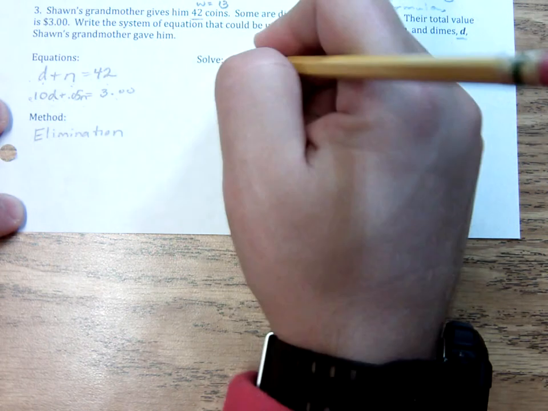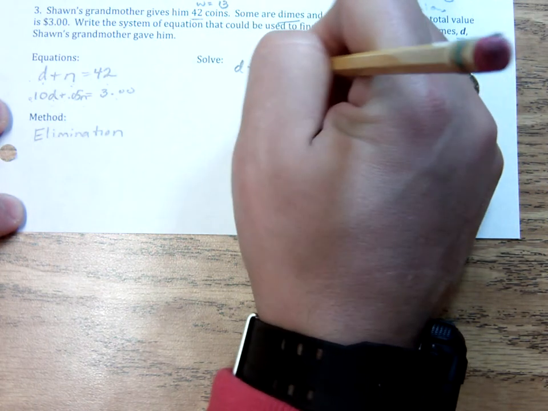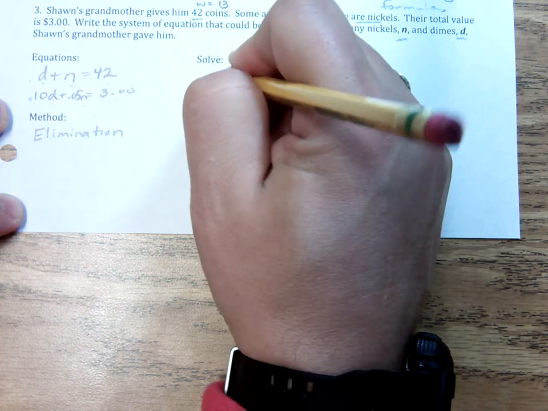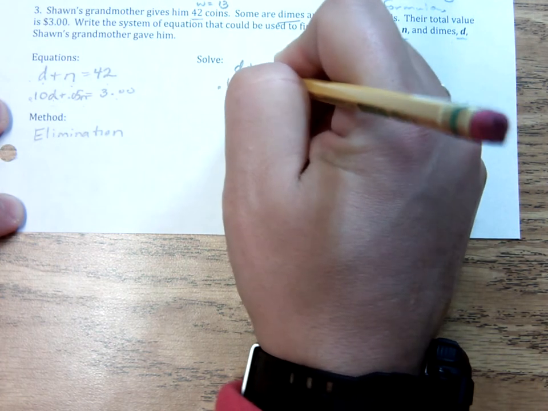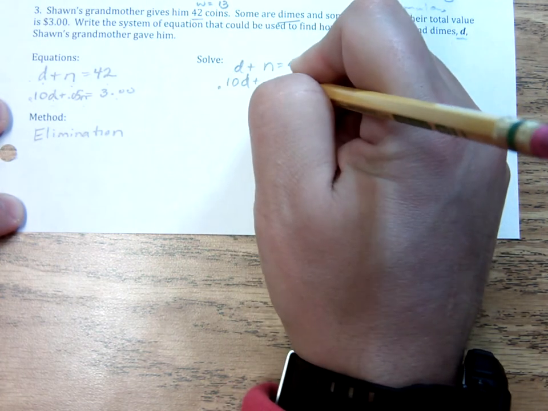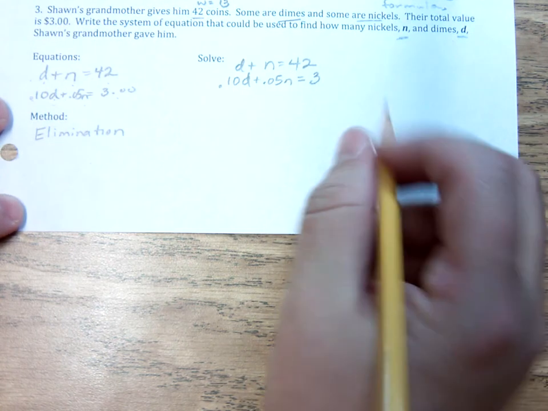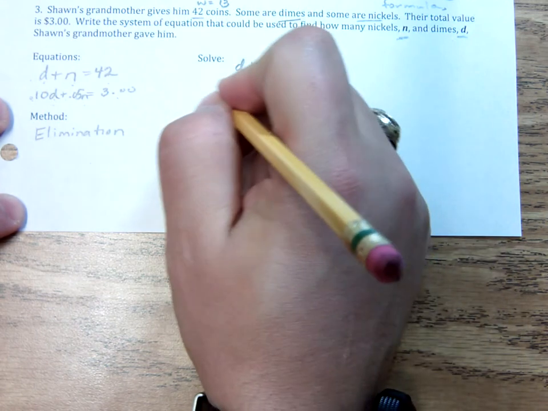Okay, so I'm going to rewrite these and get to solving. D plus N equals 42. 0.10 D plus 0.05 N equals, I'm just going to put 3 there. There's no point in putting 3.00 on there. So let's solve by elimination.